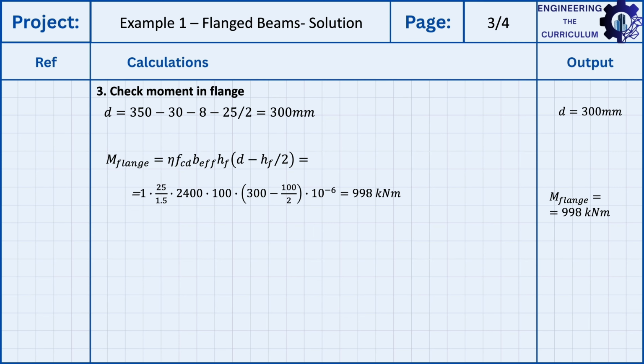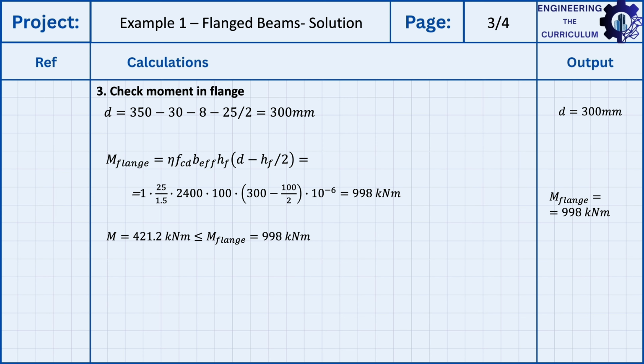I'm multiplying here by 10 to the minus 6 to organise my units, because FCD is in megapascals, which is newtons over millimetre square. I've got other things in millimetres, and I want to end up with a moment that is in kilonewton meters because it'll be easier to compare to the moments that I already have. And if we work it out, the moment that the flange can carry is 998 kilonewton meters.